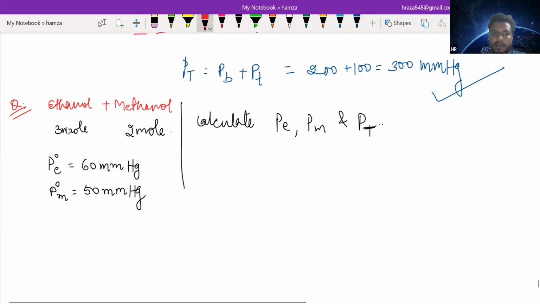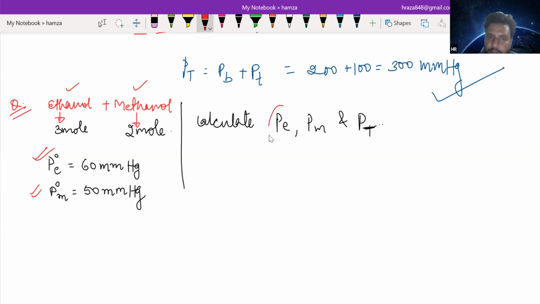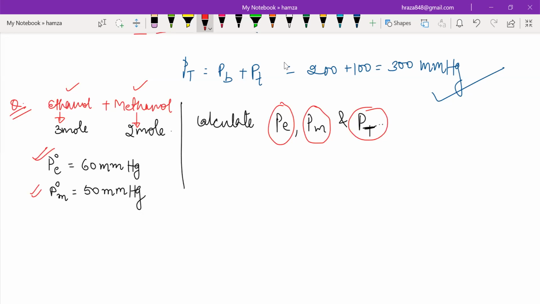Tell me. See, ethanol and methanol is present. Mole of ethanol is this much. Methanol is this much. Now, pure pressure of ethanol is given. Yes, sir, I understand. Pure pressure of methanol is also given. Now you have to calculate partial pressure of ethanol, partial pressure of methanol, and total pressure. Please attempt it. Let me know if you have any problem.